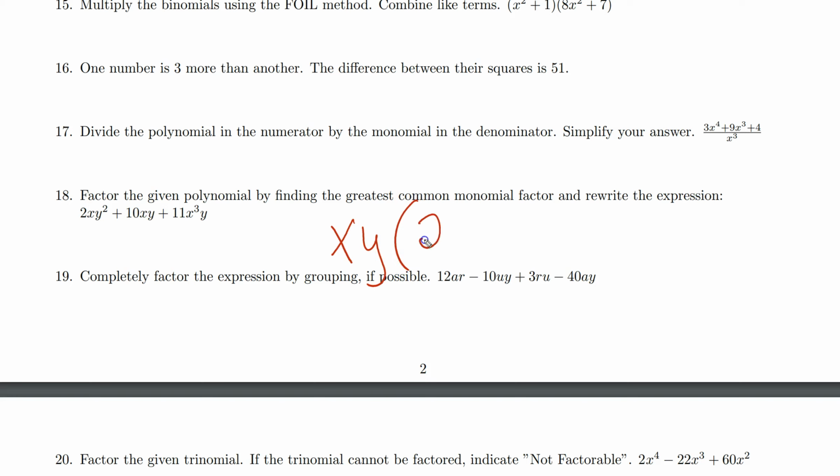So here I'm left with 2y, because if I distribute this, I get that. Plus 10, and the xy's we've taken out already, plus 11x squared. And that is as far as we can go. And that looks like it.